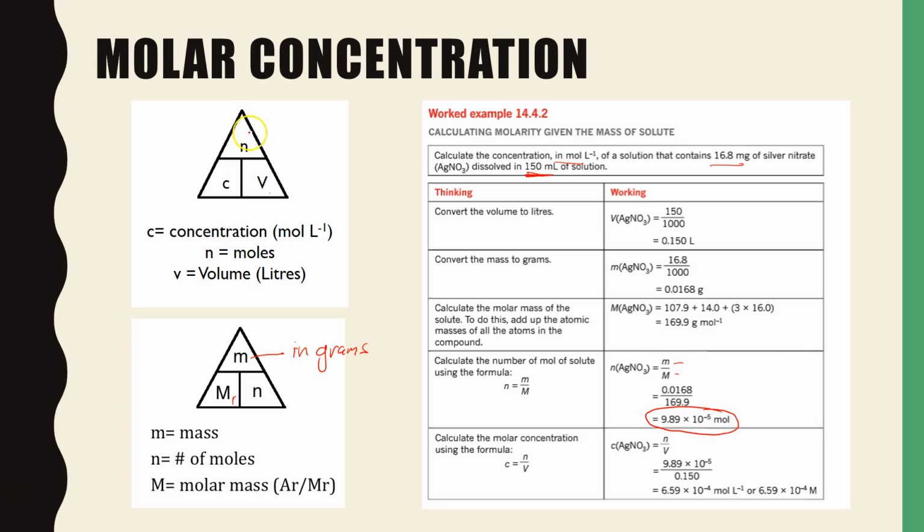From there, we finish with this equation here. We divide the moles by its volume, which is 0.15 litres, and we have the final form of the answer, which is 0.000659 moles per litre, or 6.59 × 10^-4 moles per litre.